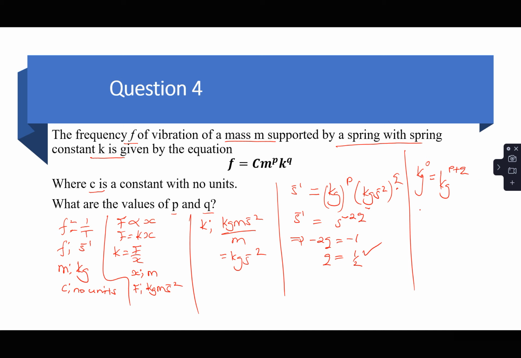So it means P plus Q should be equal to 0, but remember Q is already a half. So P plus a half should be equal to 0, which means that P should be equal to negative a half. So we have solved for P and we have already solved for Q. I hope I have made this extremely clear. Let's continue.